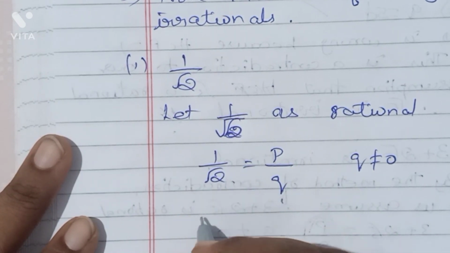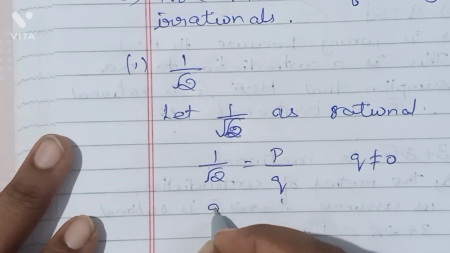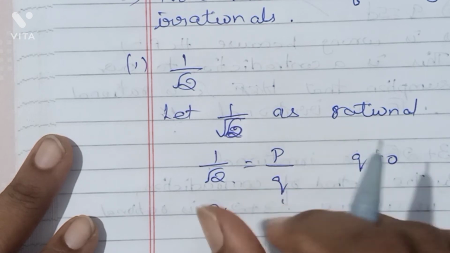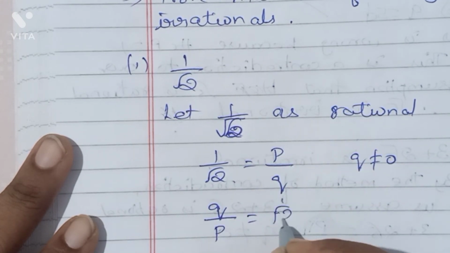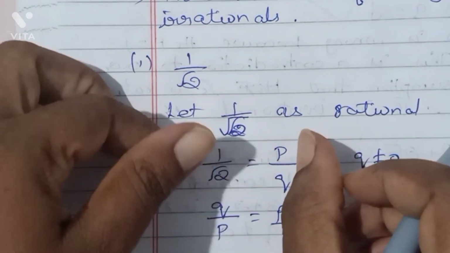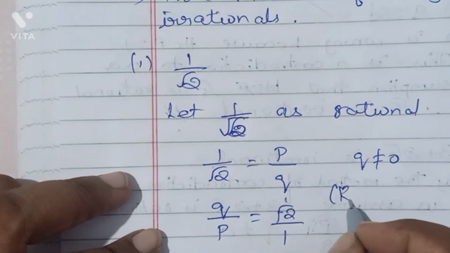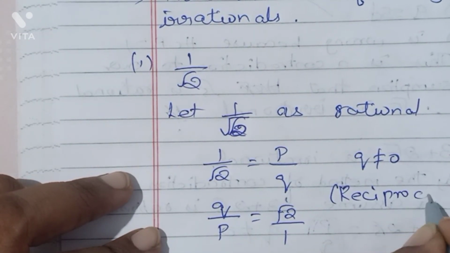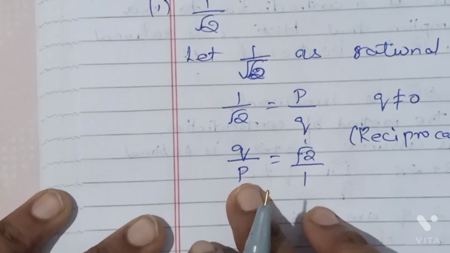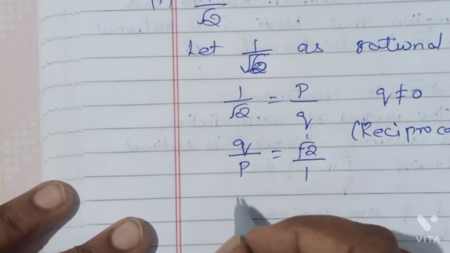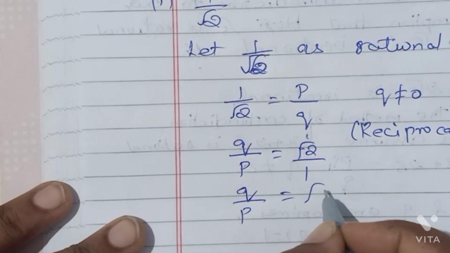Now we can write it, I am going to reciprocate this. So p by q is equal to root 2 by 1. Taking the reciprocal, we get q divided by p is equal to root 2.